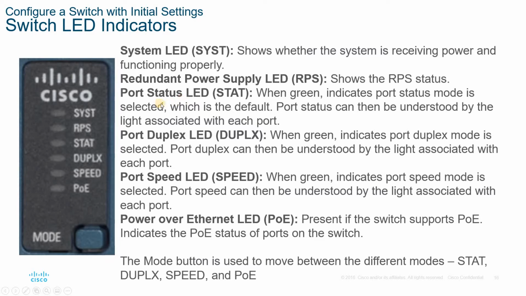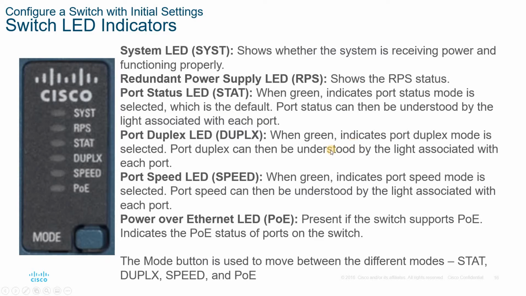You also have your port status LEDs. Ito naman yung mga sa mode, or for example, what particular type of mode ang ginagamit mo, depende yon. We're gonna discuss more on the different modes as we move forward with the switch configuration later. Okay, port duplex. Sabi niya, when green, it indicates port duplex mode is selected.